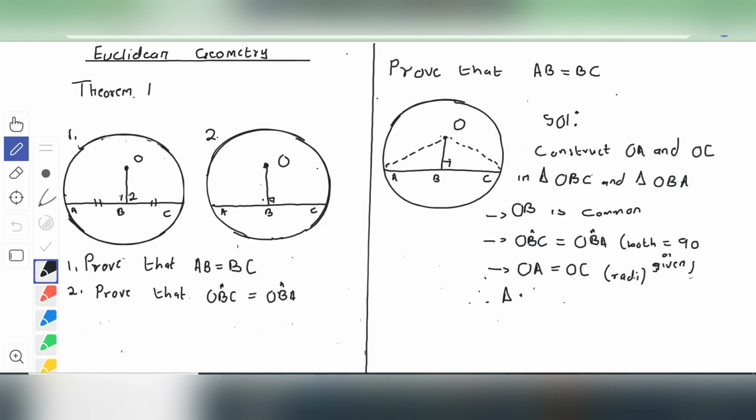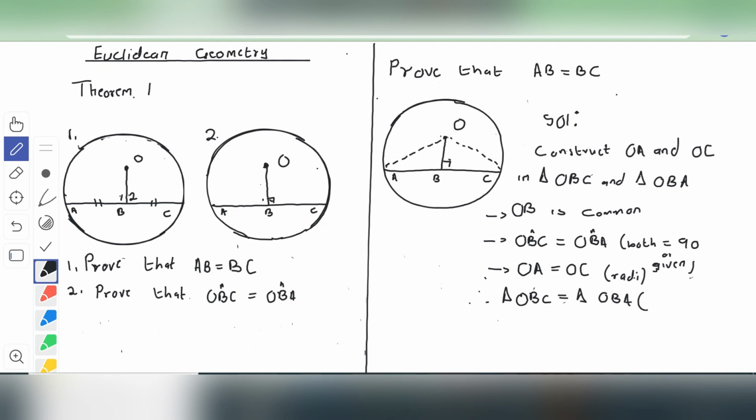Then, in conclusion, triangle OPC is congruent to triangle OPA. We need to put a reason, guys. So how do you find your reason? What did you first prove, that this thing is equals to this?